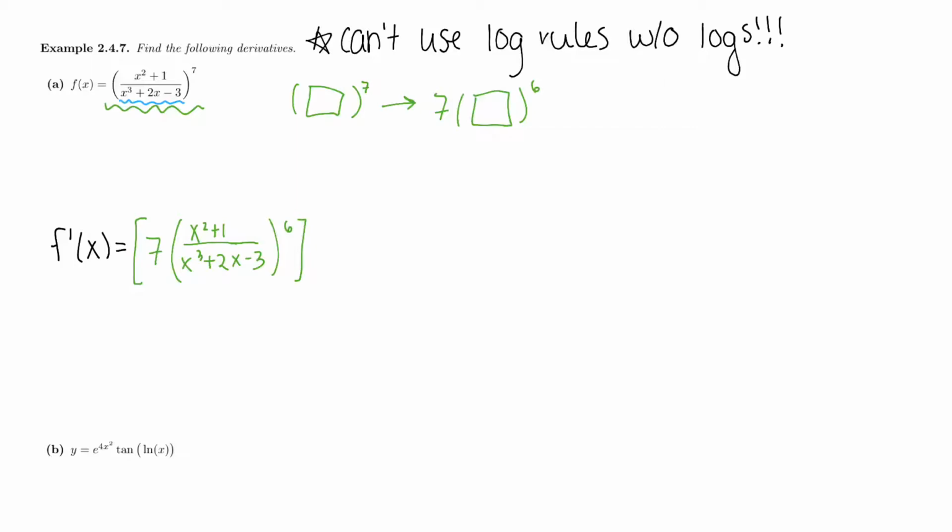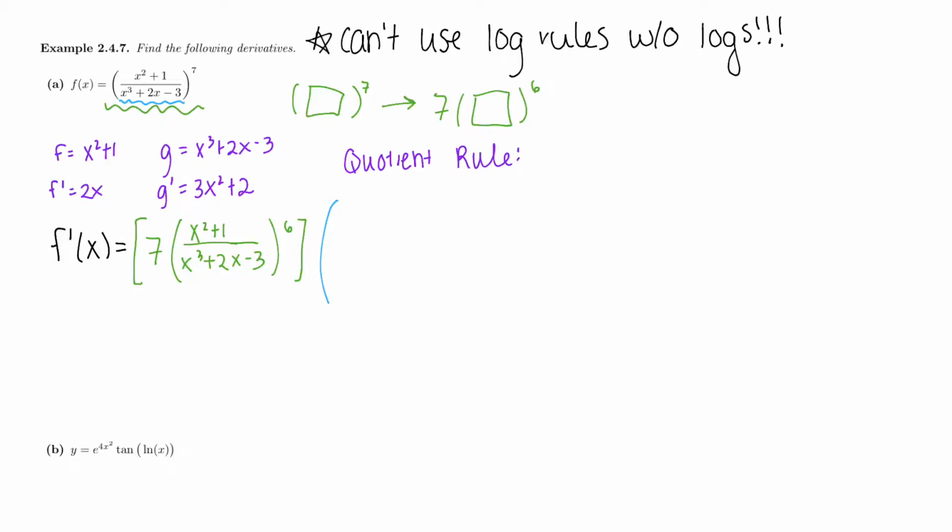And then for the derivative of the inside, we have a quotient rule that we need to do. So for quotient rule, we have x squared plus 1 as our f, and so f prime is 2x. g is x cubed plus 2x minus 3. g prime is 3x squared plus 2. And remember quotient rule: f prime g minus g prime f, all over g squared.